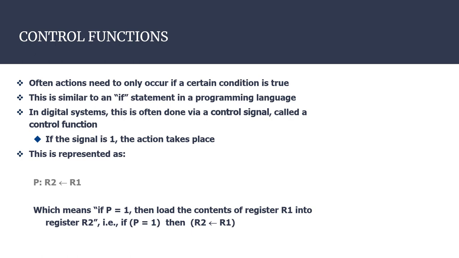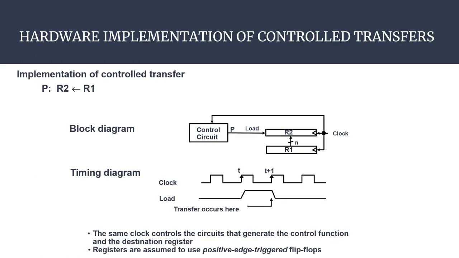Okay, so this is the process where we perform the register transfer operation based on a control function. Now let us discuss how this control function is calculated. So the hardware implementation of control transfers is shown here in this block diagram.